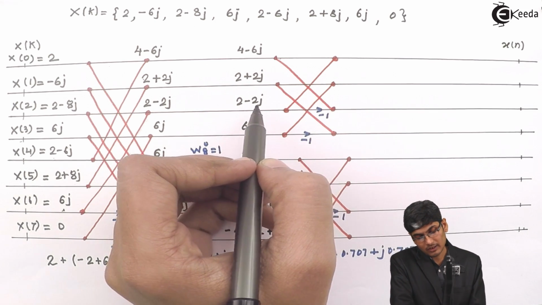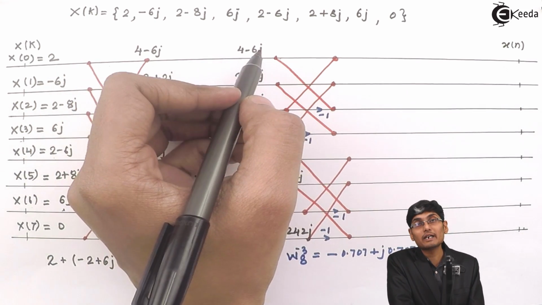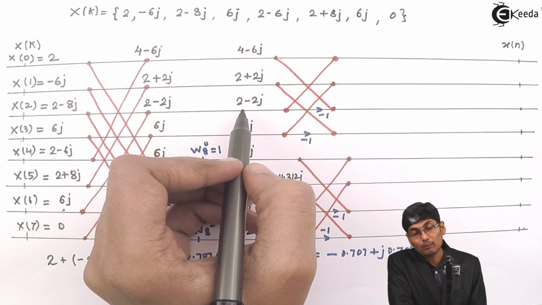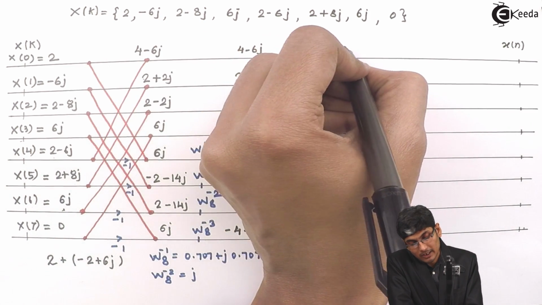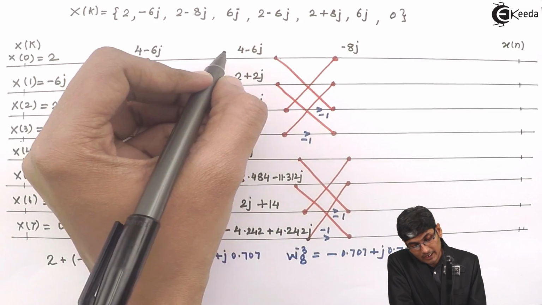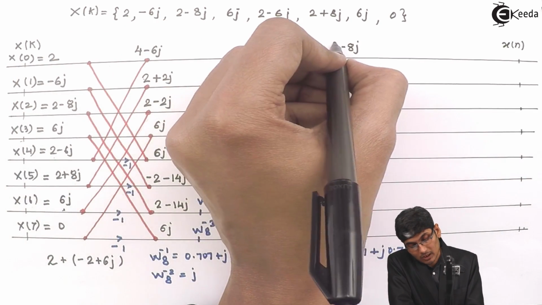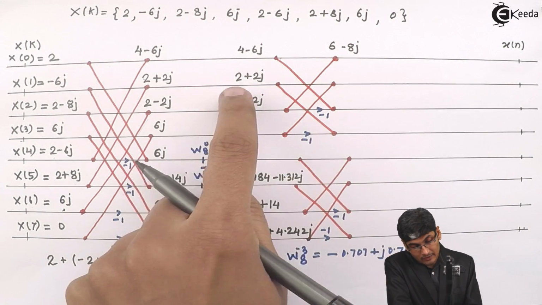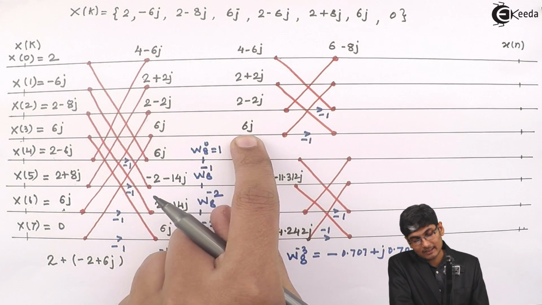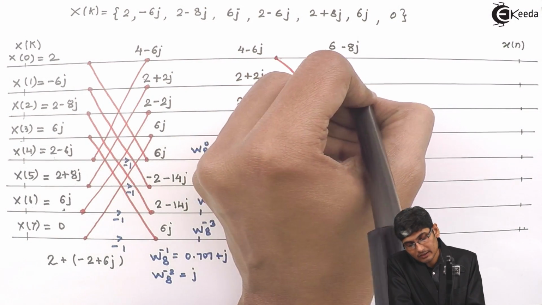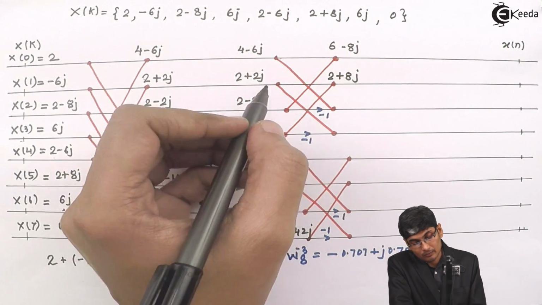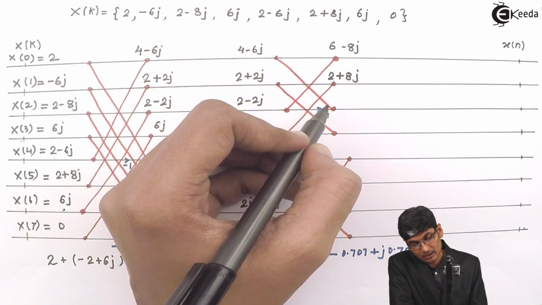So if I do the calculation, it will be 4 minus 6j plus 2 minus 2j. So minus and minus becomes minus 8j, and 4 plus 2 will give me 6. Then 2 plus 2j and 6j will be added, so it will give me 2 plus 8j. Right, now finally we will have the subtraction.